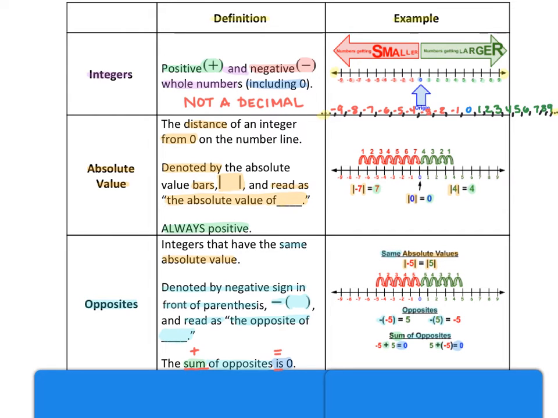So if we were to use the math way of writing opposites with the negative sign with parentheses, if we're taking the opposite of negative 5, that would be positive 5. The opposite of positive 5 is equal to negative 5. And since they are opposites, that means when I add them together, when I take the sum of the opposites, I'm going to get 0.